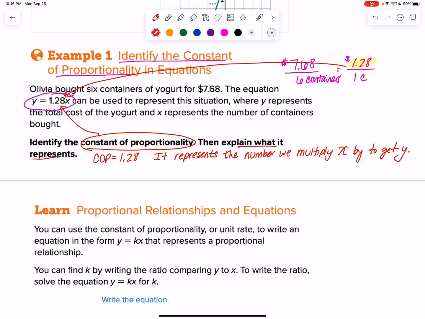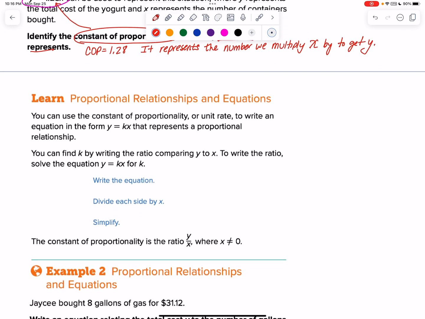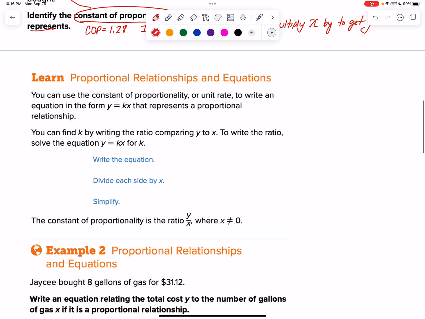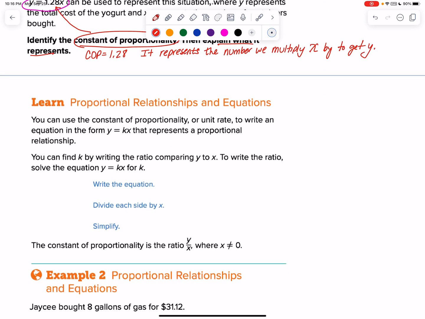So it represents the number we multiply x by to get a y in any proportional situation.